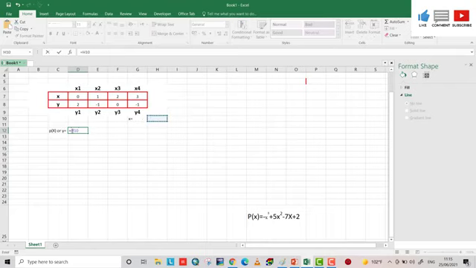We put minus x to the power 3 plus 5 multiplied by x to the power 2 minus 7 multiplied by x plus 2.